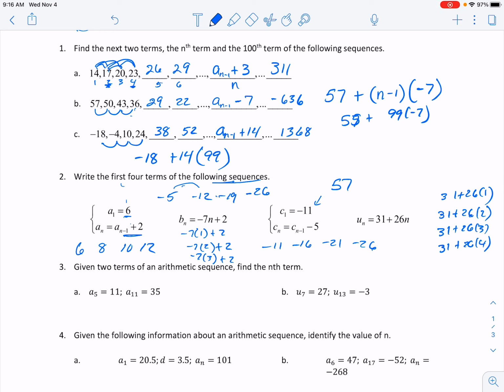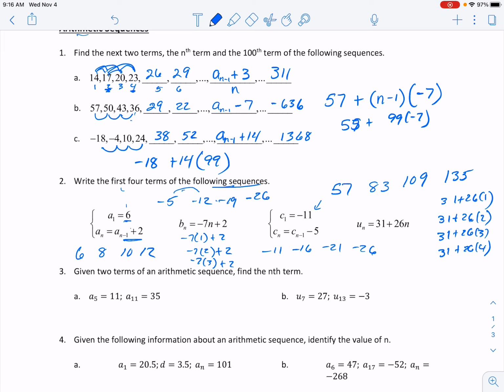I have 26 times 2 plus 31, and I get 83. And I have 26 times 3 plus 31, and I get 109. And I have 26 times 4 plus 31 is 135.